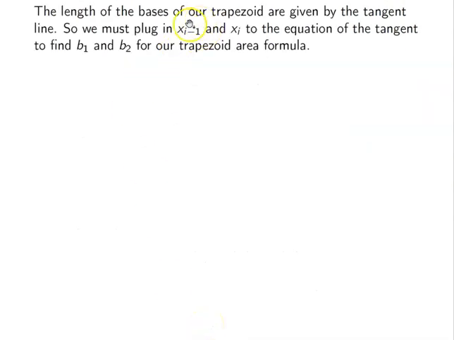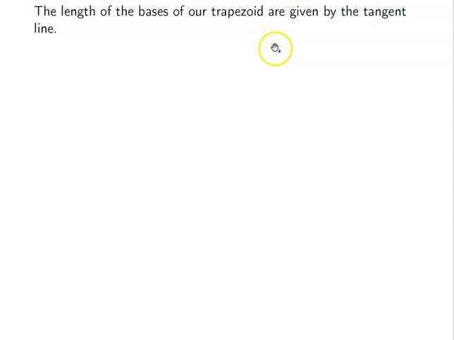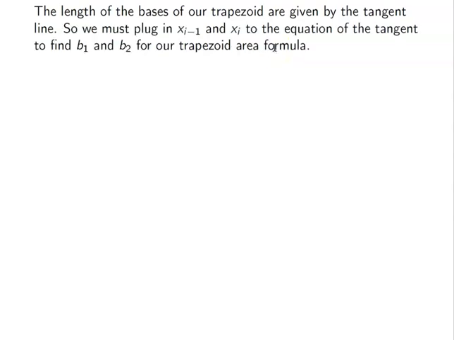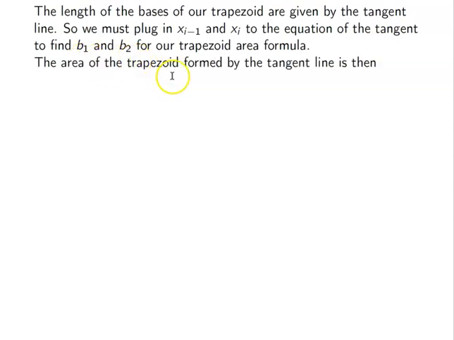So the lengths of the bases of our trapezoid are given by the tangent line. I plug in x sub i minus 1 and x sub i, the left and right hand sides, into the equation of the tangent line that I just found to find what base 1 and base 2 are for my trapezoid formula. The area of the trapezoid formed by the tangent line is me plugging these things in.